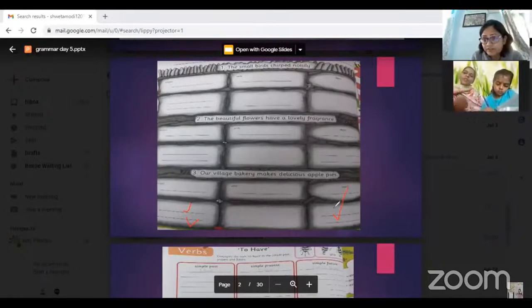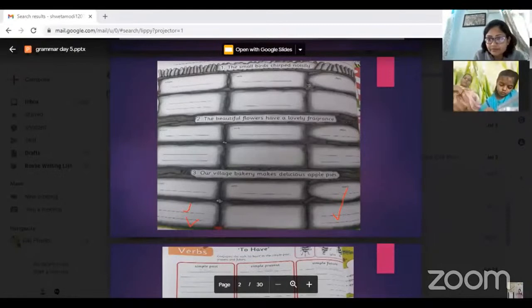Delicious is an adjective, so do we have to write on the first wall also, or only on the last one? It is describing the pie. So pie will come in the object and delicious apple, both the words will go down. Okay.